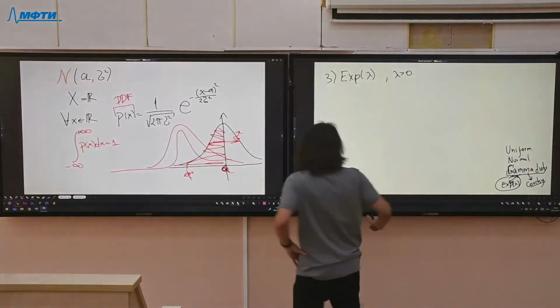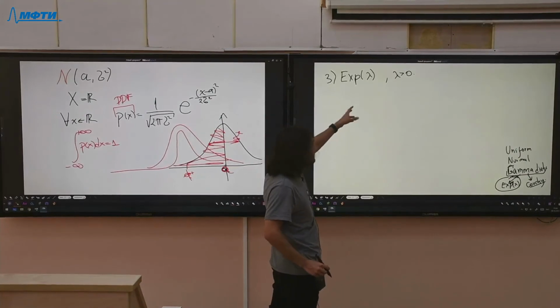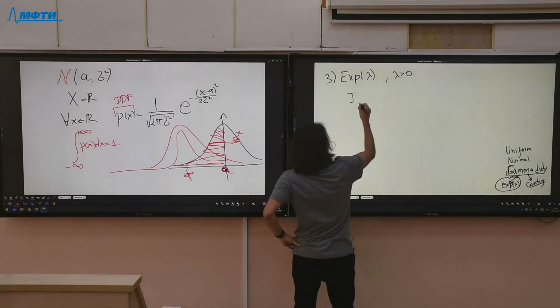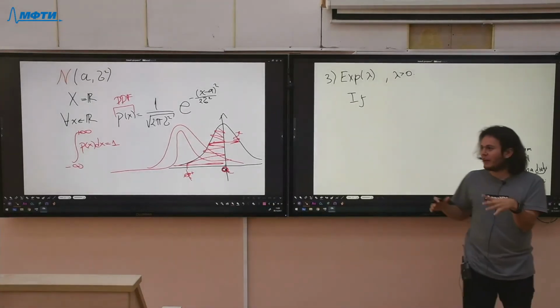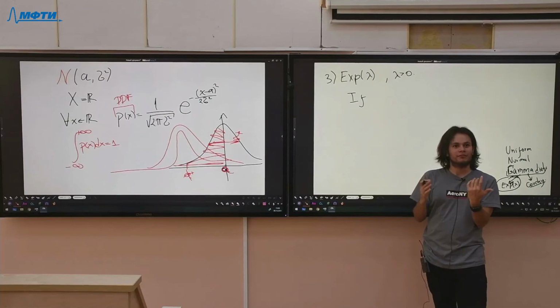Okay. So look, the exponential distribution with parameter lambda. First, what you should know: when do we use this? In life, this is for modeling time.